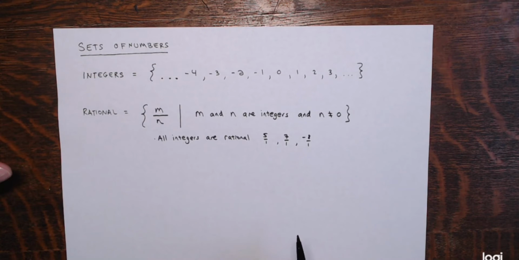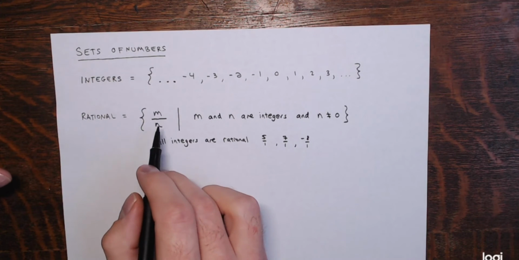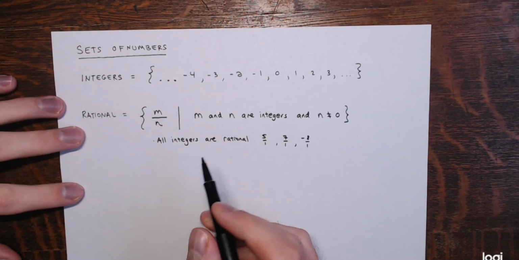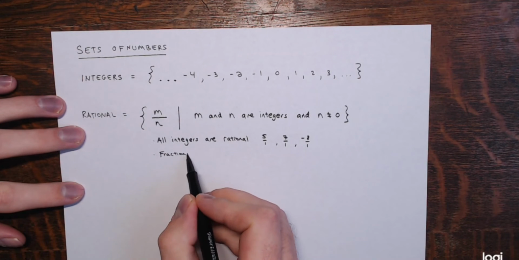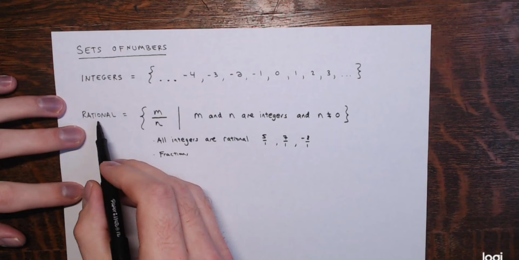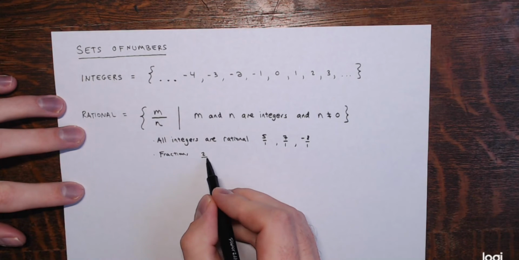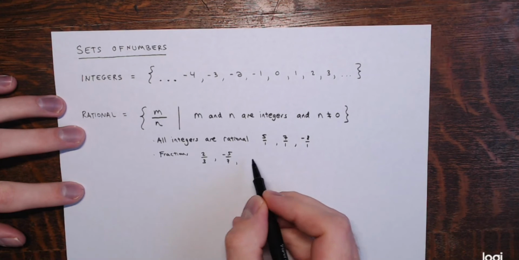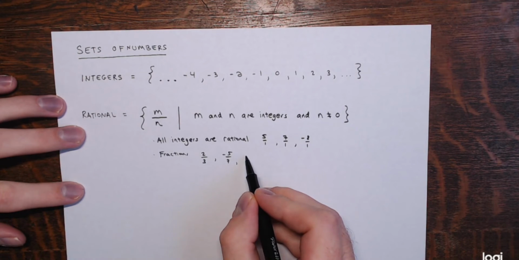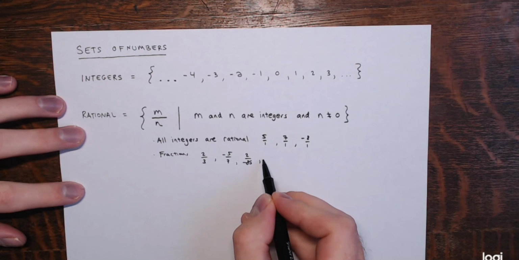And write them in this form of m over n, where m and n are integers. And then your fractions, right? Your ratios of integers, thus the name rational, right? 2 over 3, -5 over 7, 2 over -85, whatever. Right.